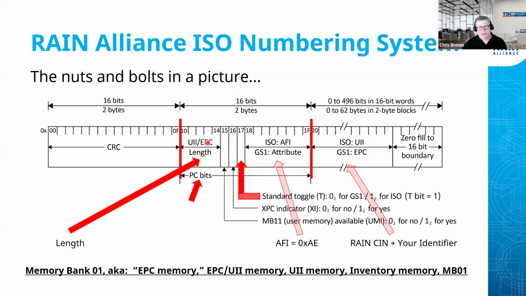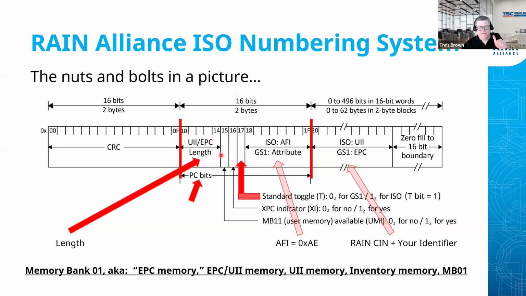Jumping back to the PC bits, it is further divided into a bunch of little elements. The first element, the first 5 bits, is where you encode your length value. So if you remember, we had the 5 data elements that we must encode. There is length taken care of, okay?